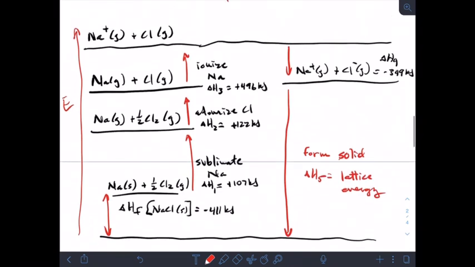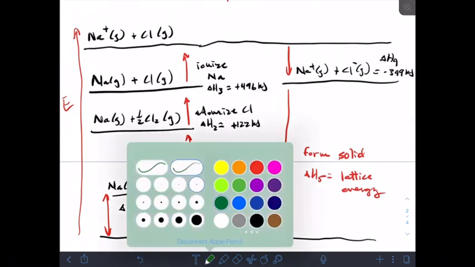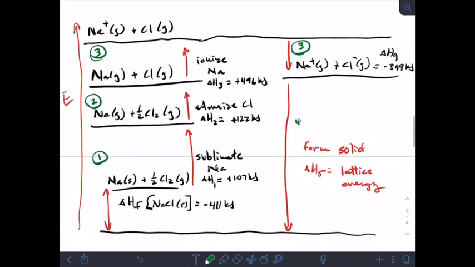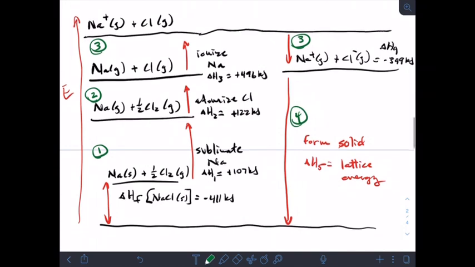Let's see if I can sort of label this. Here's step 1, here's step 2, here's step 3, also step 3, here's step 4, and my final step, step 5, is to solve for the missing energy, and that's the lattice energy.